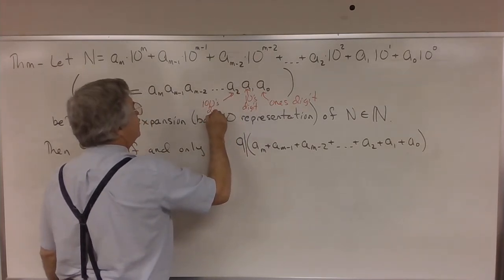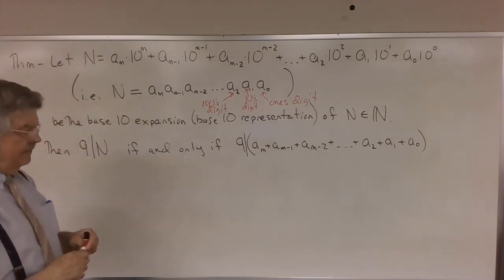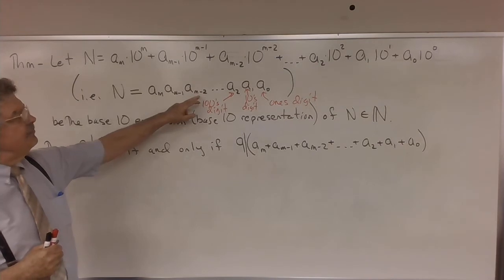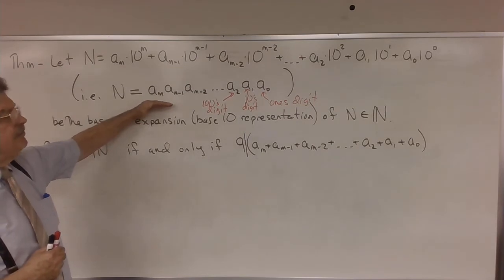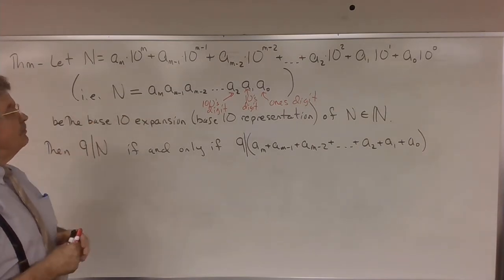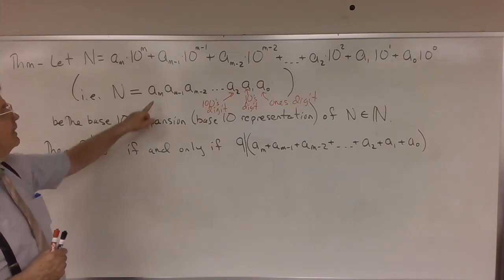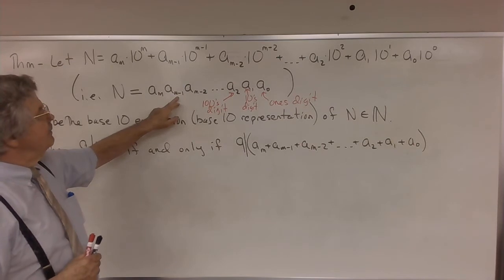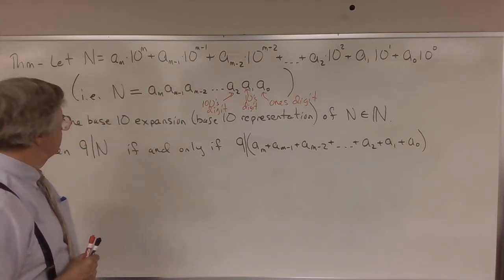This is the hundredths digit, and so forth. These digits are just placed side by side. So this is the base 10 representation of capital N. And what does it represent? It represents a sub m times 10 to the mth, a sub m minus 1 times 10 to the m minus first, and so forth.